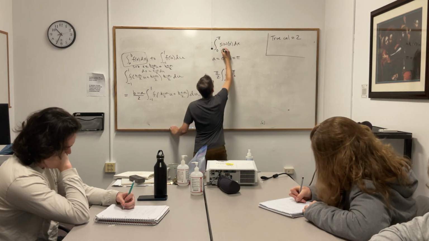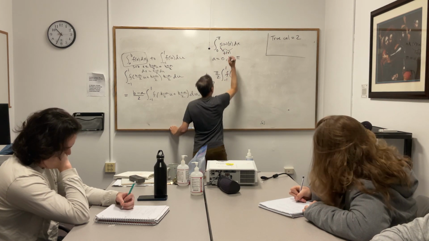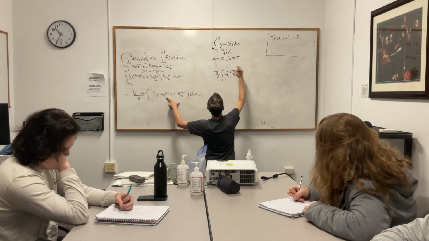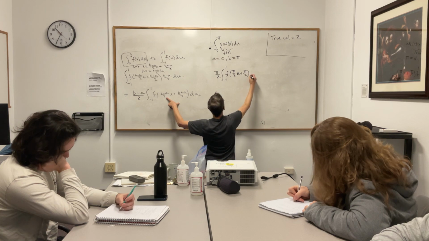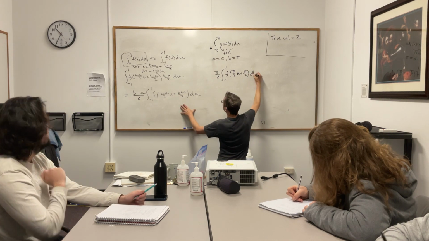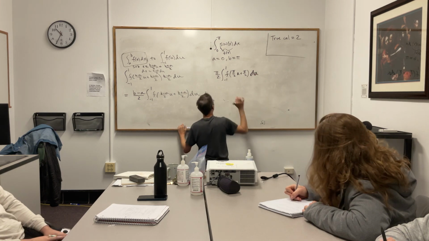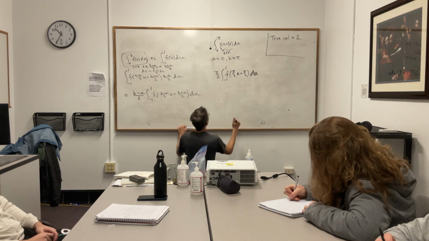And this is f of x, I should have labeled that. u plus the average, which is also pi over 2. That ain't bad. We're going to do some trig to make that actually less painful. It's kind of grody the way it is.